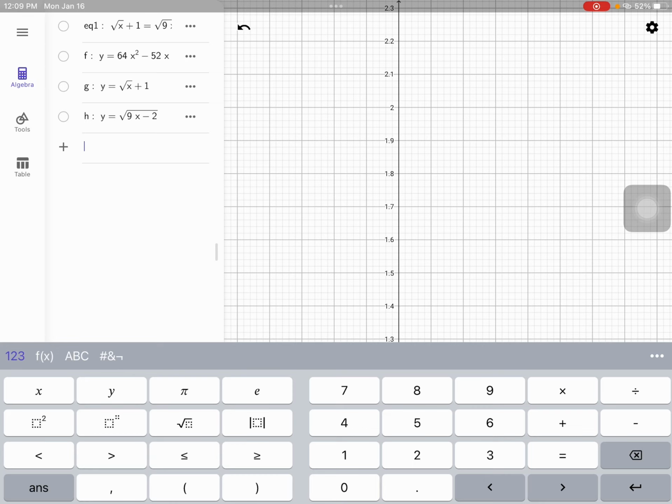Let's have a look at that function again. So we're going to have y equals 3x plus 3 divided by the square root of negative x squared minus x plus 20.